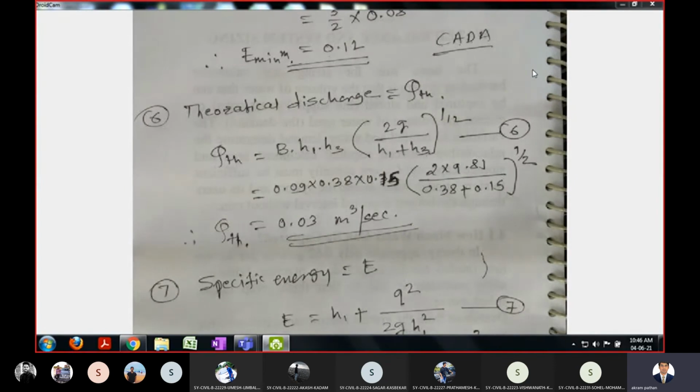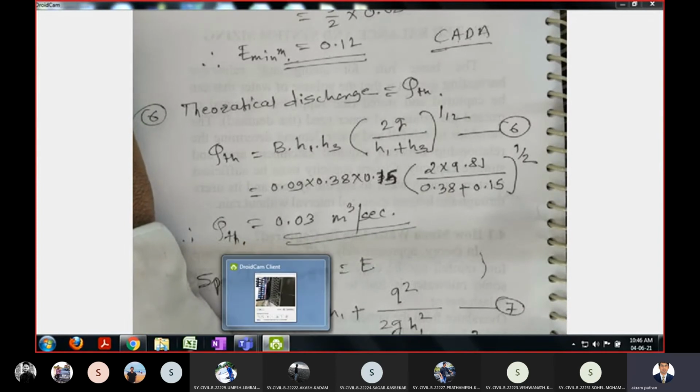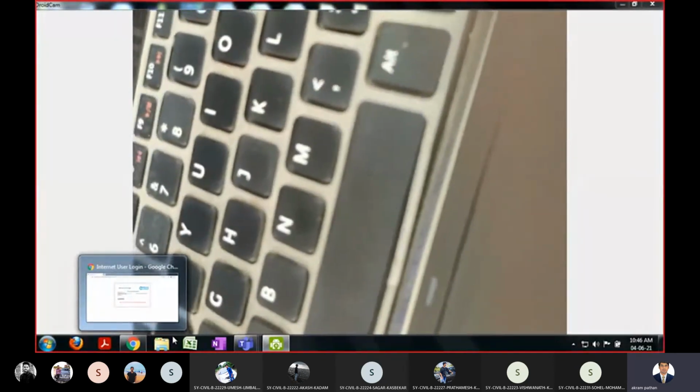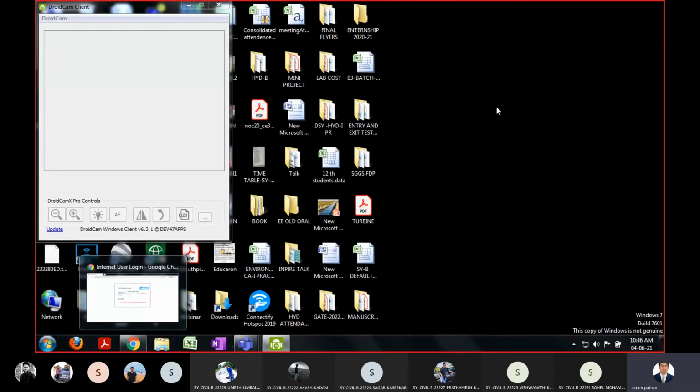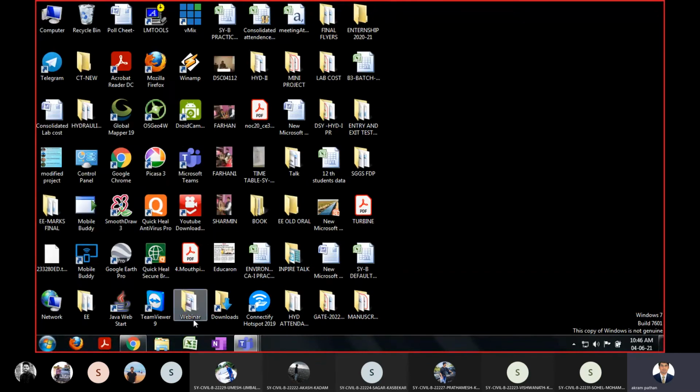So you can see the development in the calculations. I have also developed one small program in the Excel sheet. You can also develop some programs in the Excel sheet for the purpose of the calculation. So I am going to share that program with all of you.